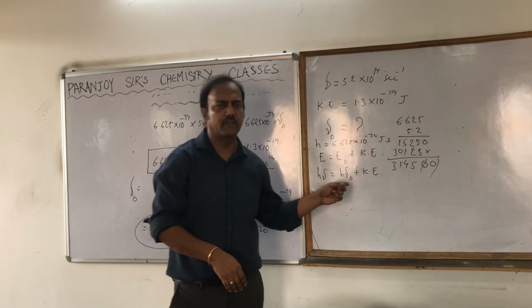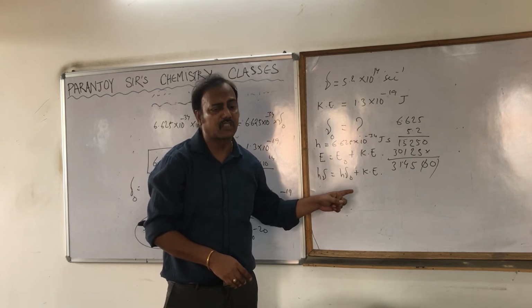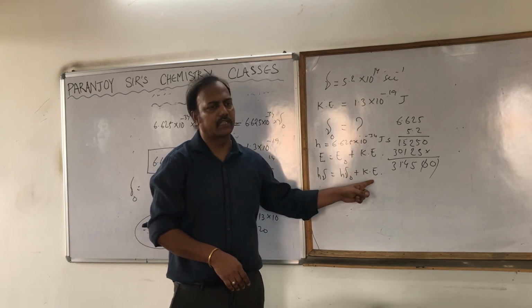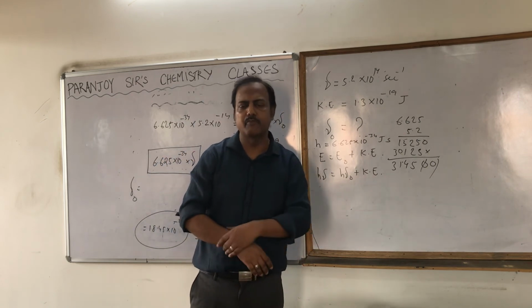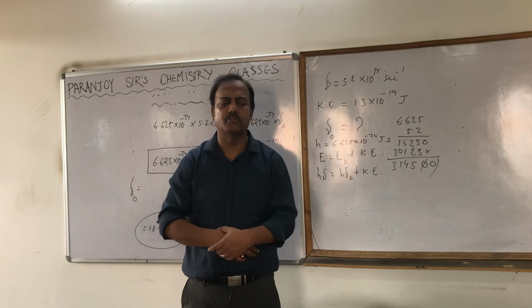What is threshold frequency? The minimum frequency required to take out the electron from the metal surface, plus kinetic energy. Kinetic energy is nothing but half mv square. If required, we will use that equation also.